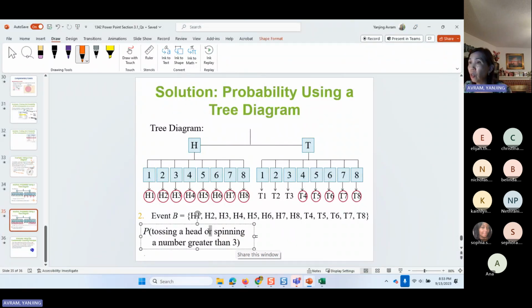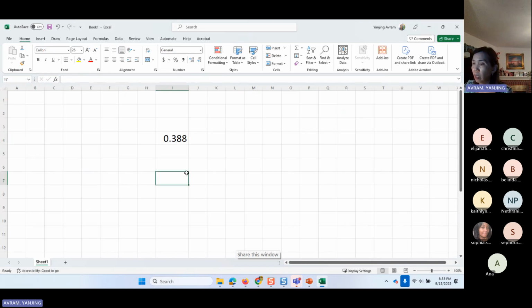This is or, which means it can be just either one, not and. So we have 13 out of the total of 16, and 13 divided by 16 is 0.813.